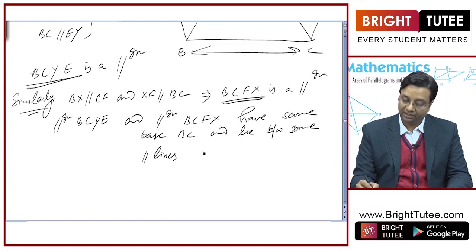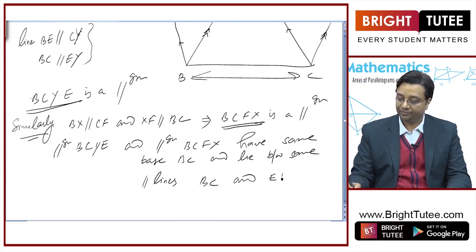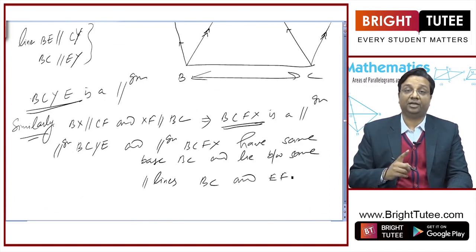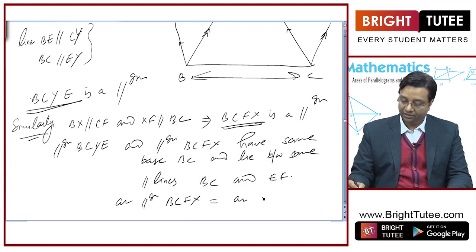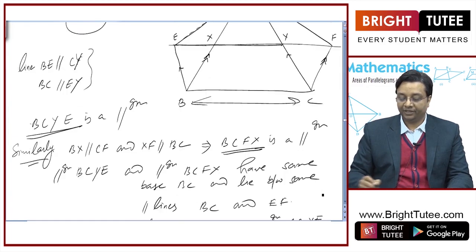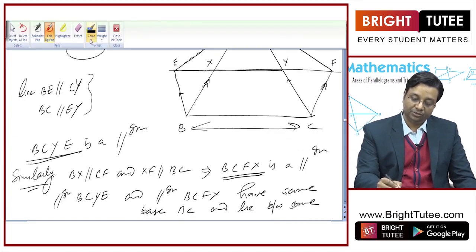Which are those parallel lines? BC and XY, or you can say EF. Hence, these parallelograms have equal areas. So, area of parallelogram BCFX is equal to area of parallelogram BCYE. Now, let me show you the diagram first. Let me use another color.